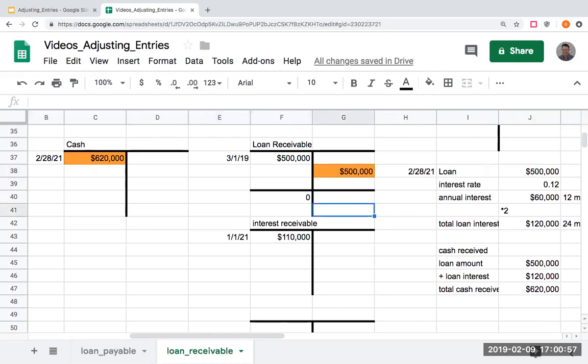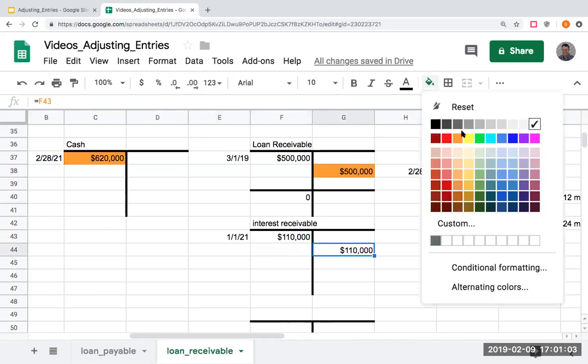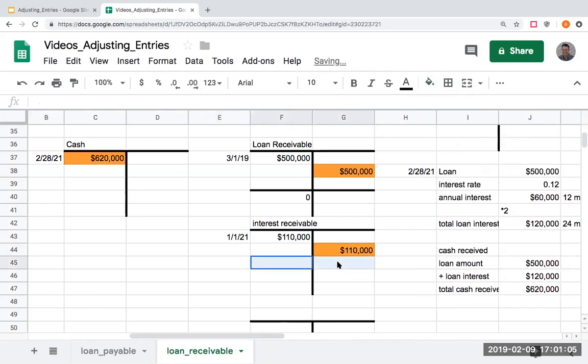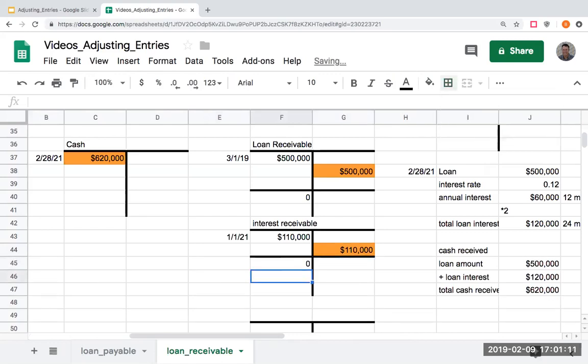So here, once the loan is paid, they no longer owe me that interest receivable. And so my ending balance for my interest receivable is going to be 0. Now, as I look at this, my total debits have to equal my total credits, and I have a problem.